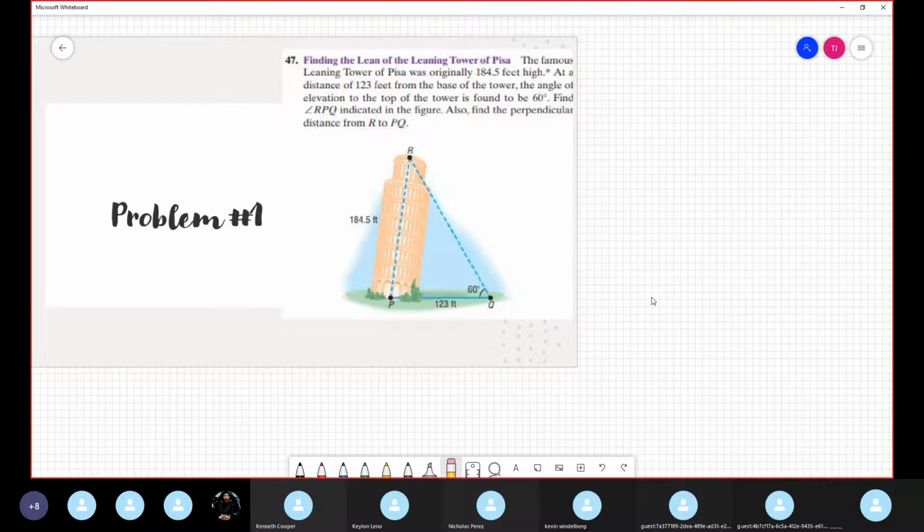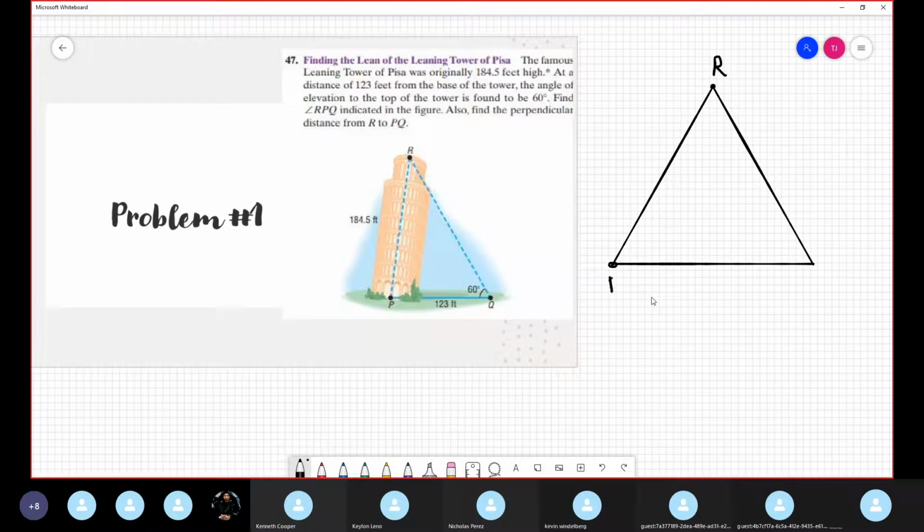Okay, so now to understand this much better, well, actually the sketch is given, the triangle, but just in case I want to draw another triangle to represent my problem. This is the famous R. This is P. This is Q. And this is the distance I need to find.